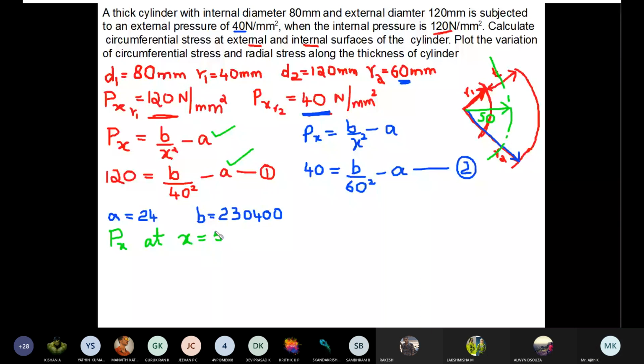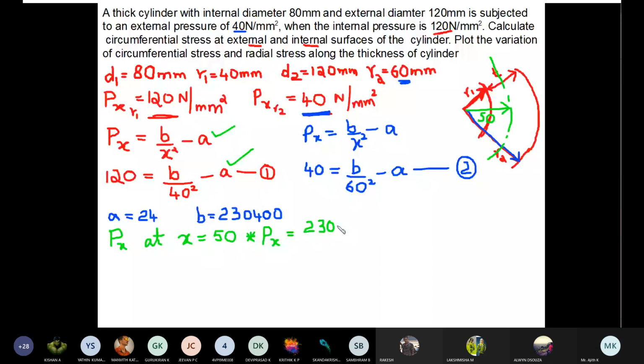The equation is px is equal to b by x square minus a, and you know the value of b: 230.4 into 10 to the power 3.